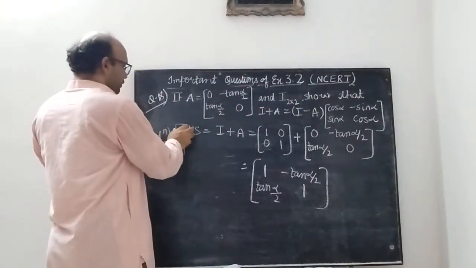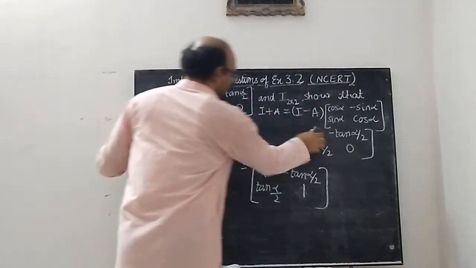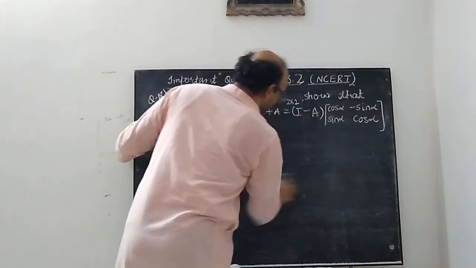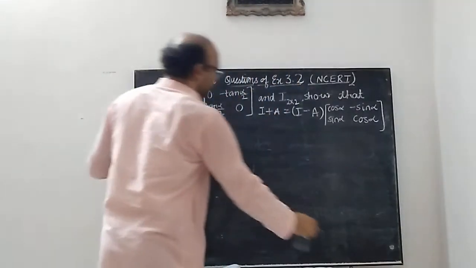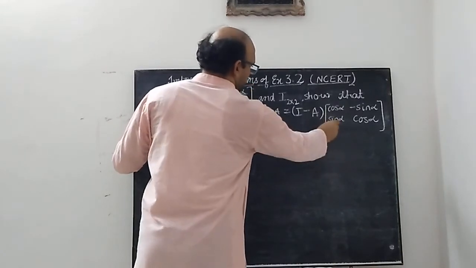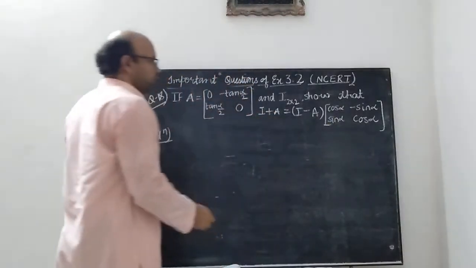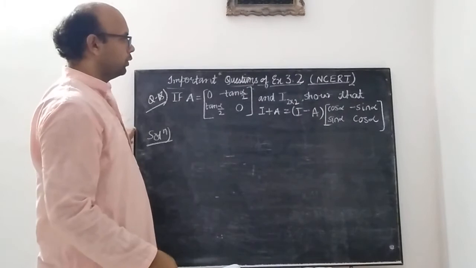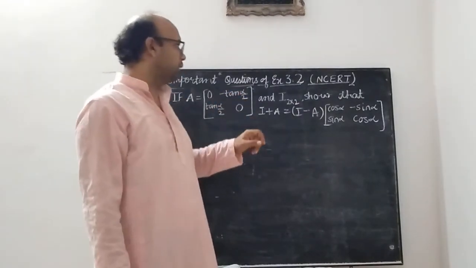Now if we start with the right hand side, the right hand side involves two of the things. We have to find I minus A and how to convert this thing into tan alpha by 2. So we use the half angle formula.